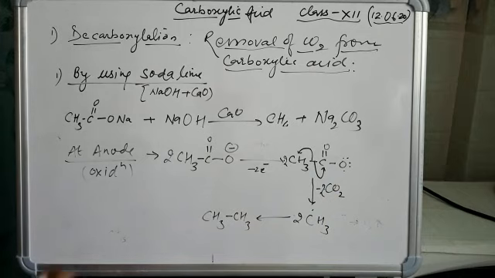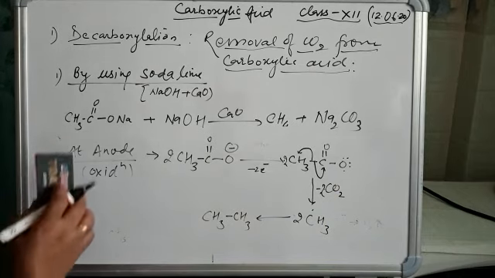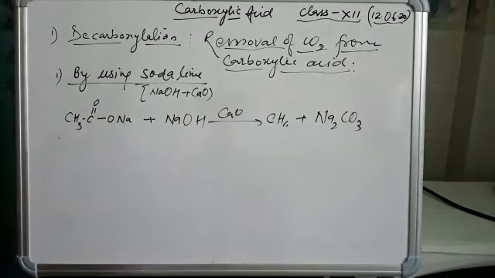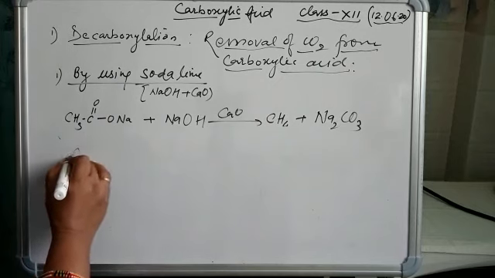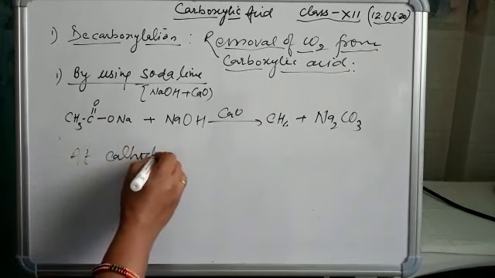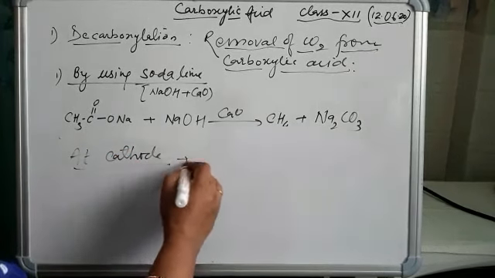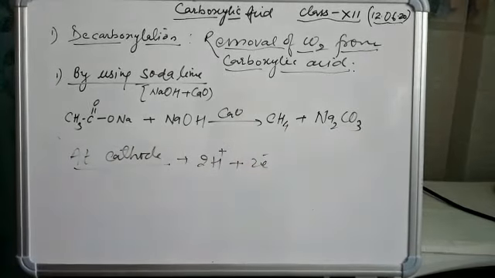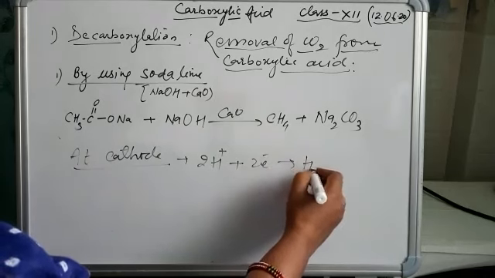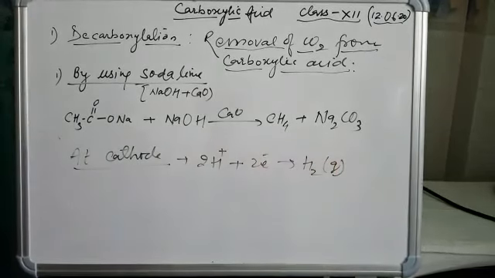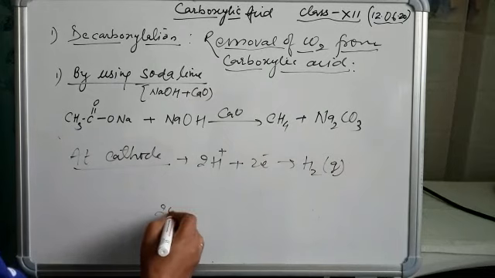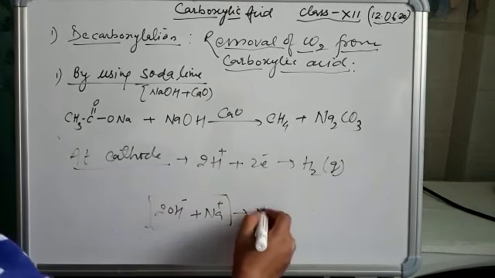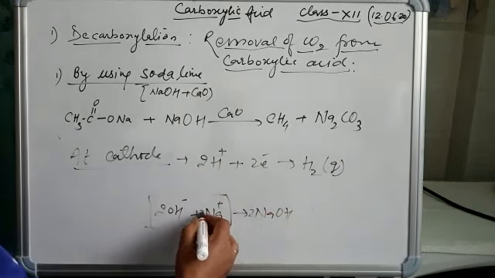And this free radical combines with itself to form ethane. Similarly, at the cathode, 2H plus ions from water take the 2 electrons given by the acetate ion and get converted into H2 gas. 2OH minus ions and Na plus ions remain in solution and they form sodium hydroxide.